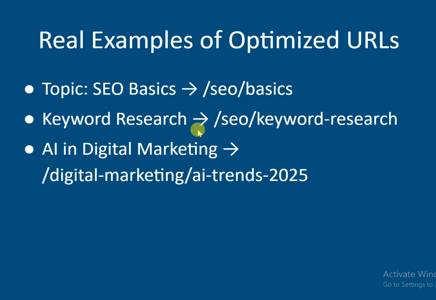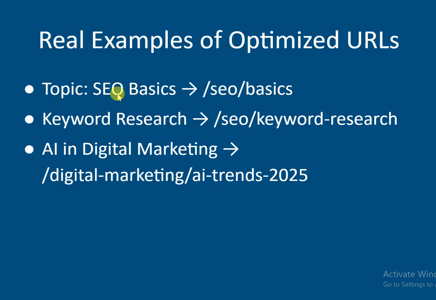And let's take a look at some real examples of optimized URLs to better understand best practices in action. So if your topic is about SEO basics, if you are talking about an SEO course, in that case SEO is the one folder.